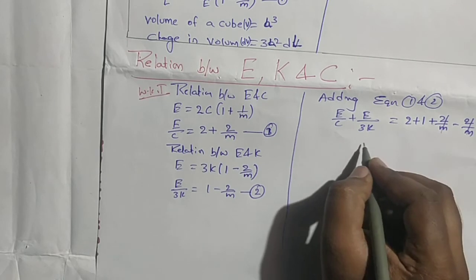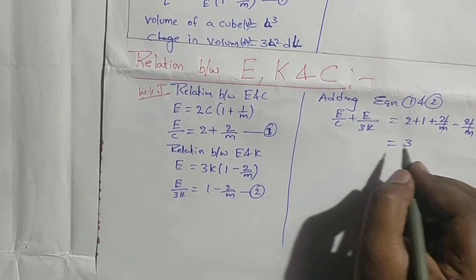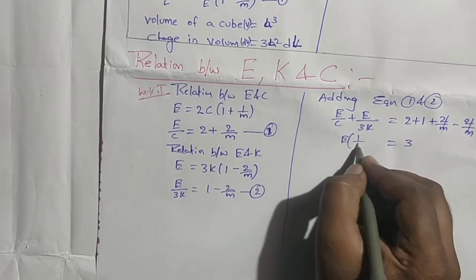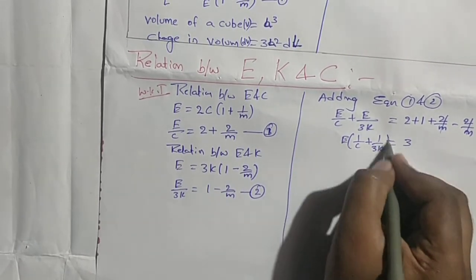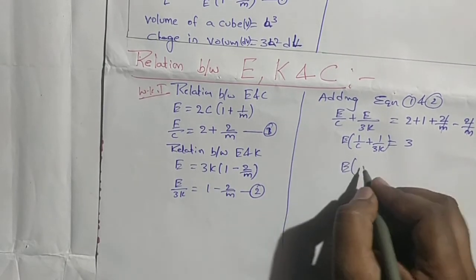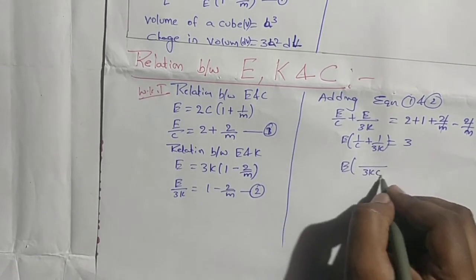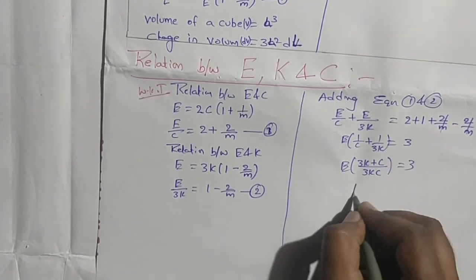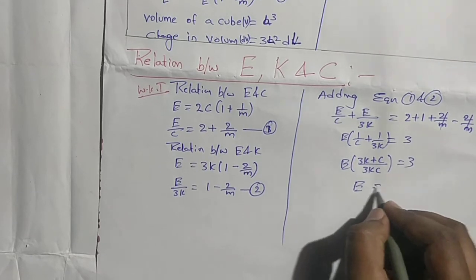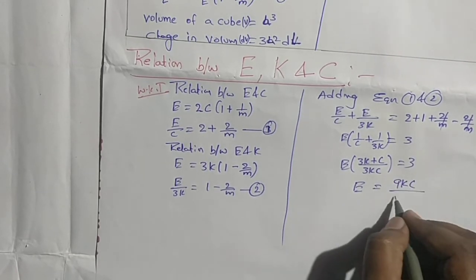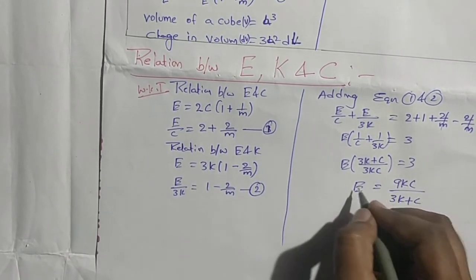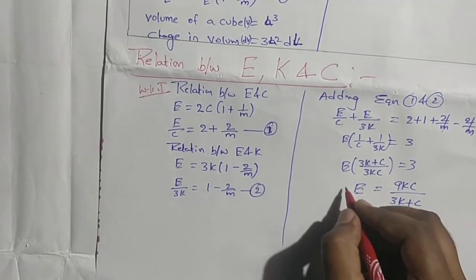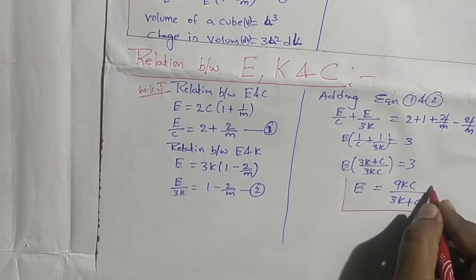The remaining is 3. Taking E as common, 1 by C plus 1 by 3K. Getting the LCM, E into 3K plus C by 3KC equals 3. Therefore E equals 9KC by 3K plus C. It is the relation between E, C, K.